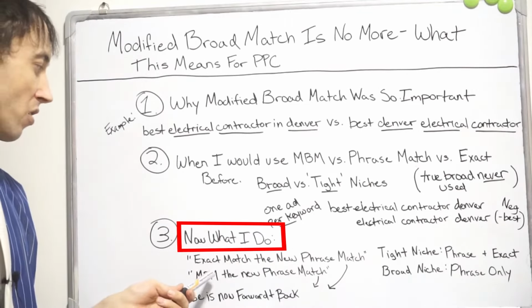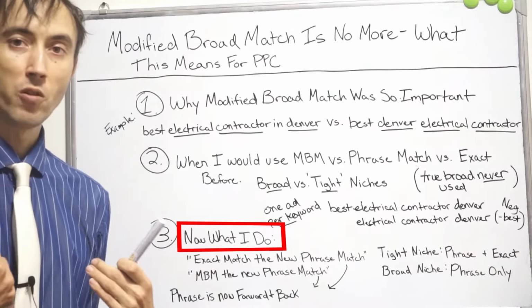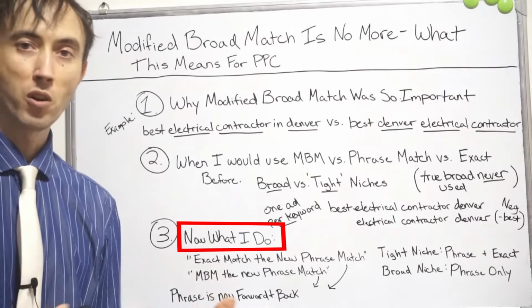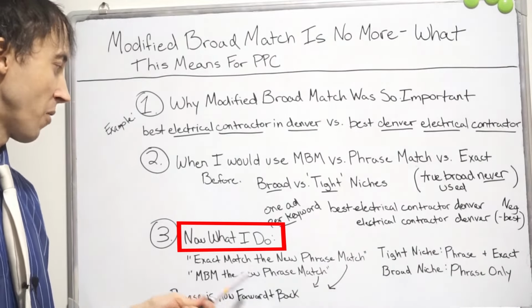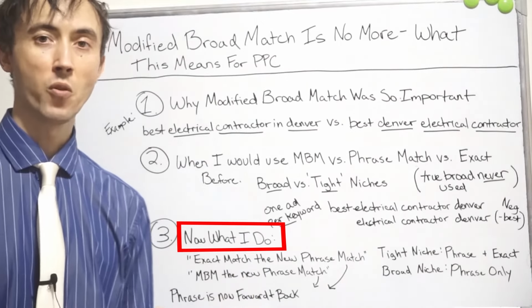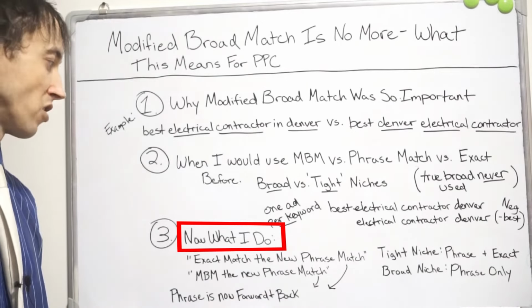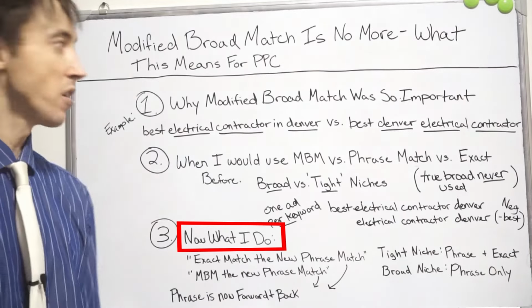And then they got rid of modified broad match, but through looking at our search term reports and the campaigns and tests that we ran, I found that modified broad match is really the new phrase match. So any place you would have used modified broad match before, you can now use phrase match. Because now phrase match is forward and backward.